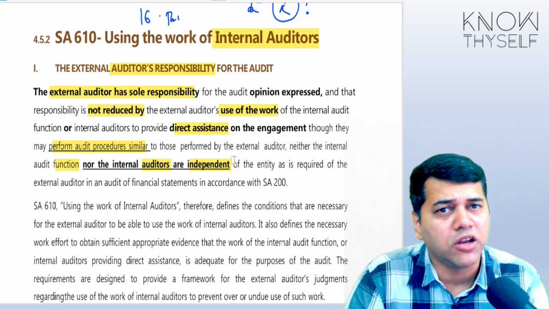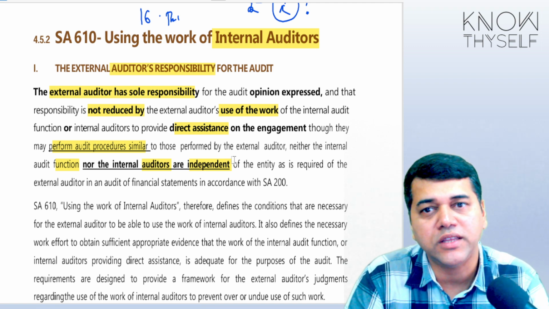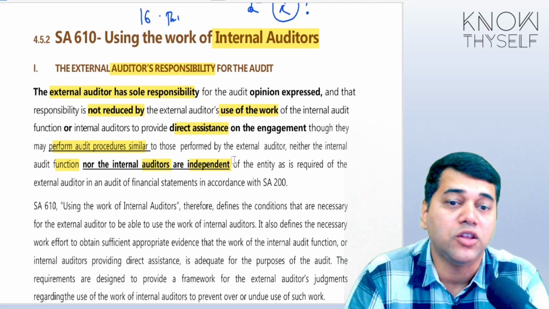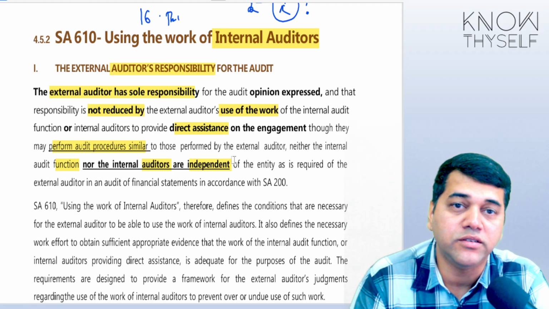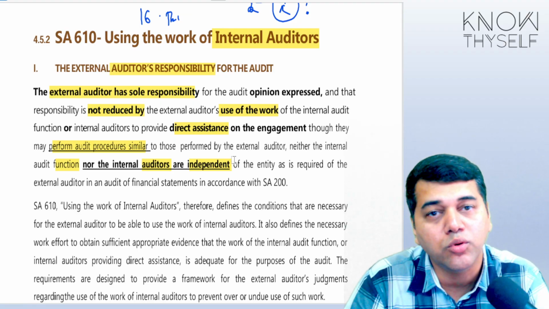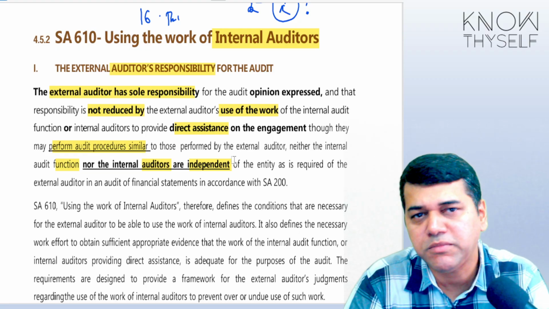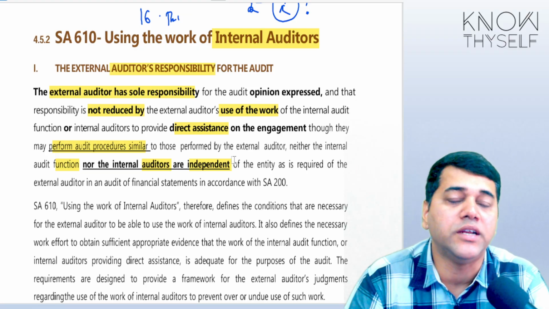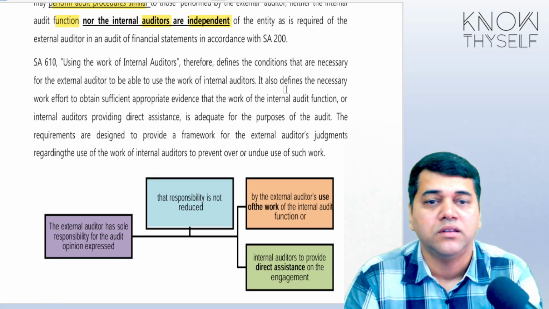Those people may be really qualified, you may be classmates, that person may also be fantastic. But always keep one thing in mind, that internal auditors are not independent of the organization. And when they are not independent, we have already seen what happened in the Mahabharata war. The same thing can happen in the workplace also. Misstatements could have occurred which internal auditors may not have identified.